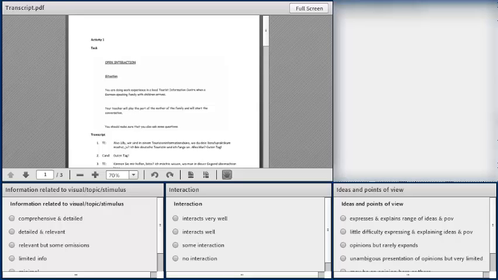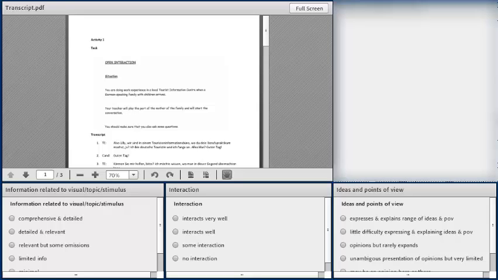And then underneath you've got the transcript, and what I would like you to do is to focus on 3 aspects of the grid, and you should see at the bottom of the screen the 3 polls. Simply based on what you have read, decide which criterion within the information related to the visual topic or stimulus you feel best describes this performance.